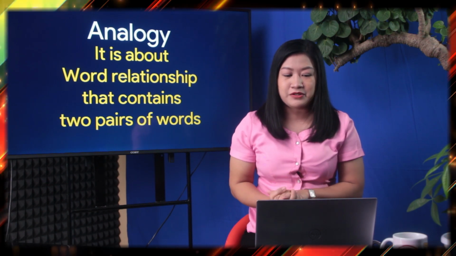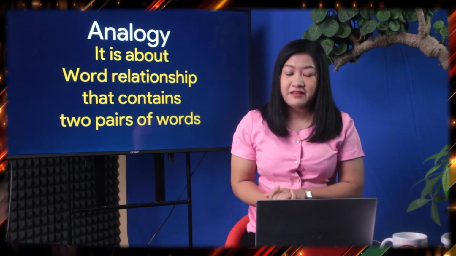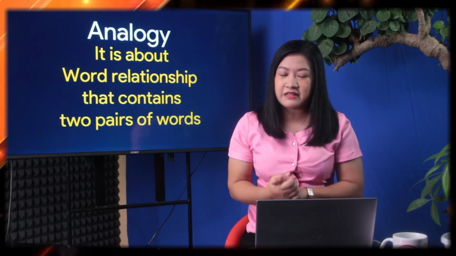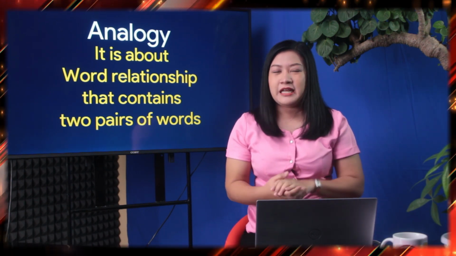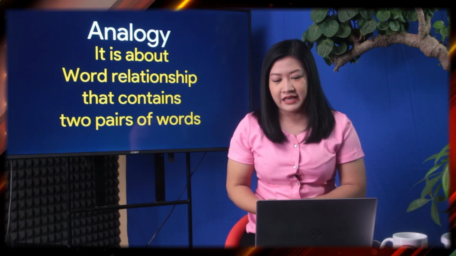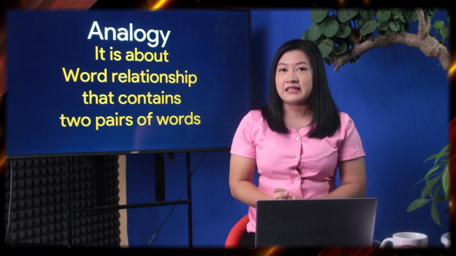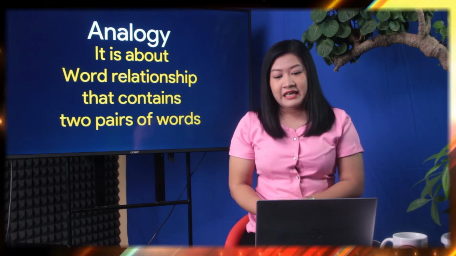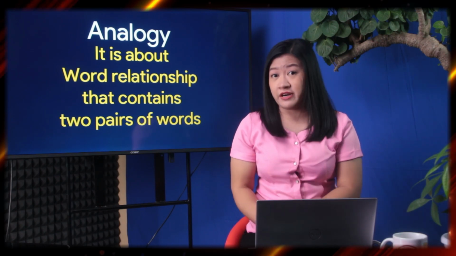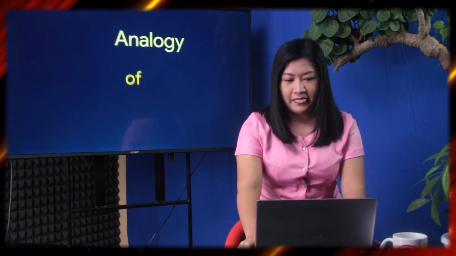Analogy is about word relationship that contains two pairs of words. So you will be using your critical thinking skill in finding the relationship of these seemingly unrelated things. Analogy is a literary device or technique in which two unrelated objects are compared for their shared qualities.